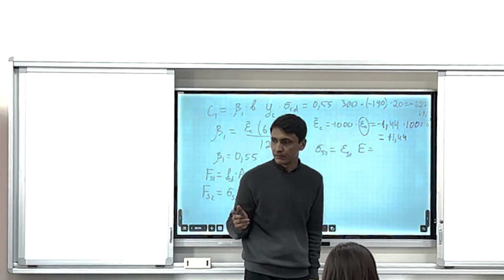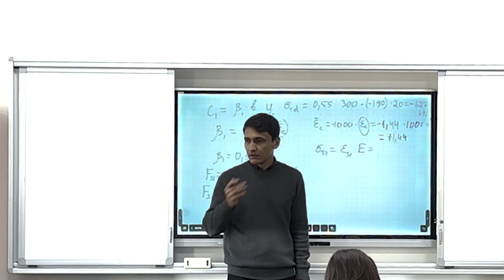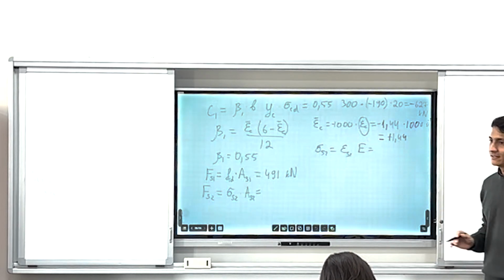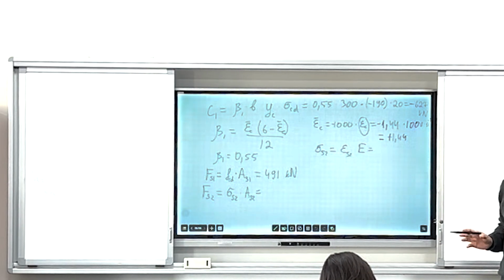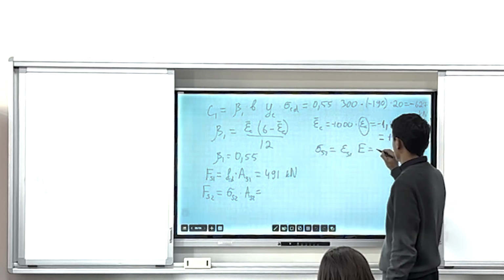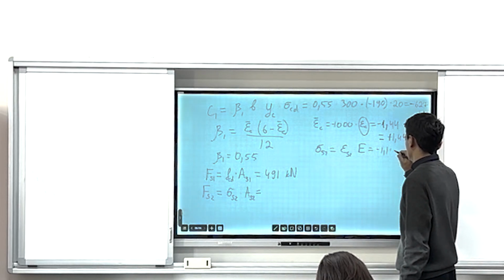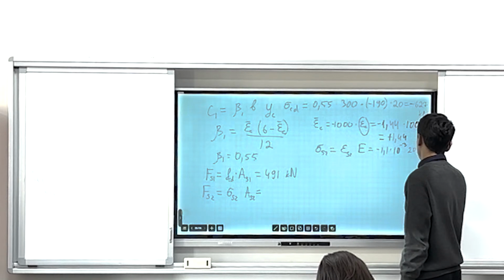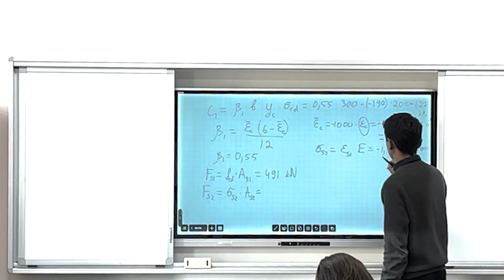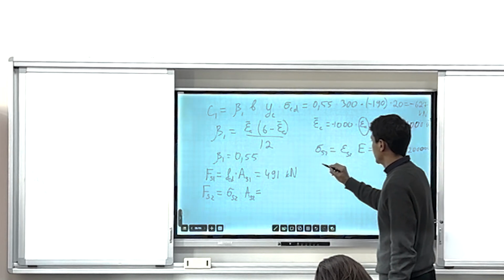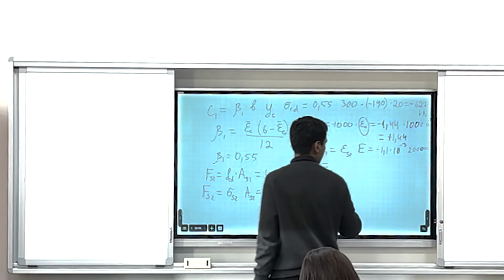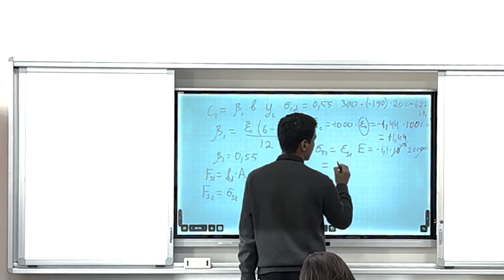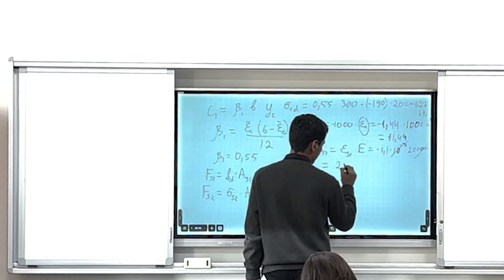Please note that it's also minus, since it's in the compressed part. 1.1 multiplied by 10 to the power of minus 3, times 200,000 megapascals. So what value would you have? We will have 200 multiplied by 1.1.